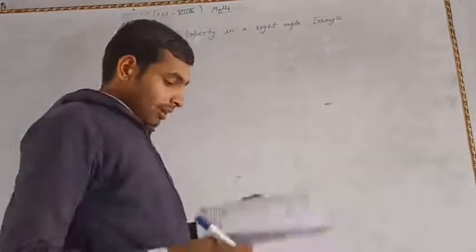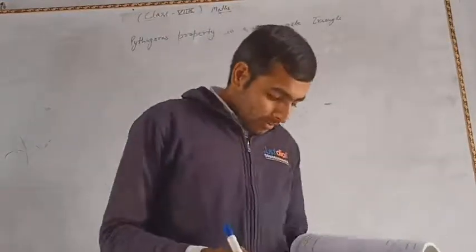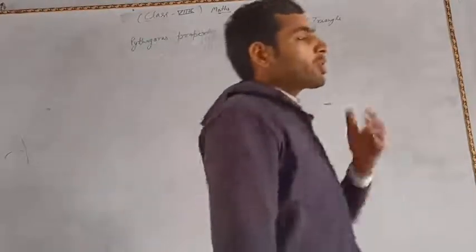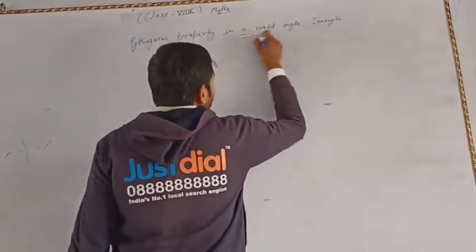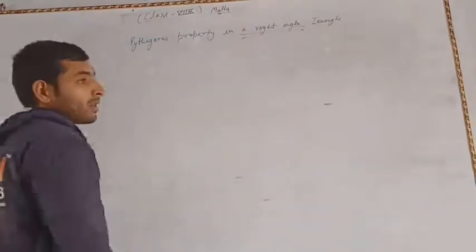In a right angle triangle, what is Pythagoras property? So first of all, we discuss Pythagoras property. What is a right angle triangle?